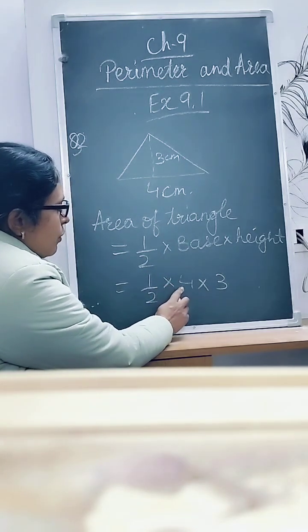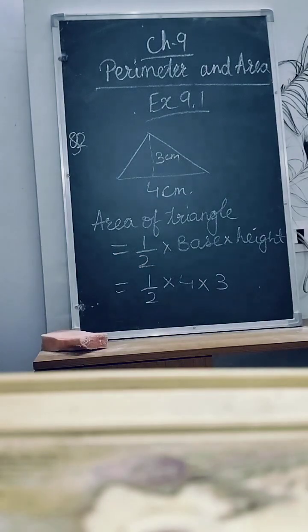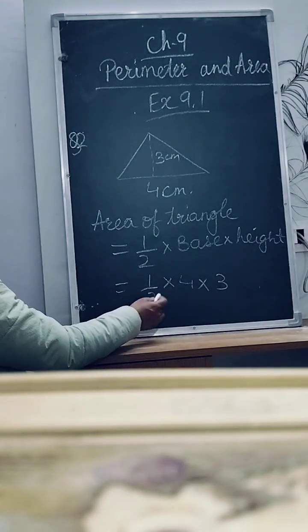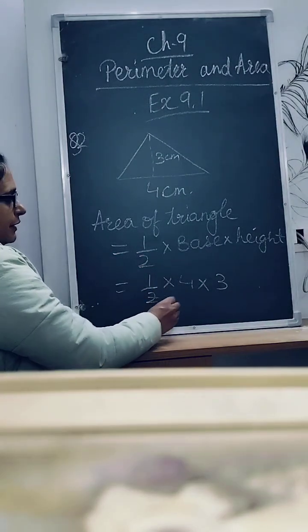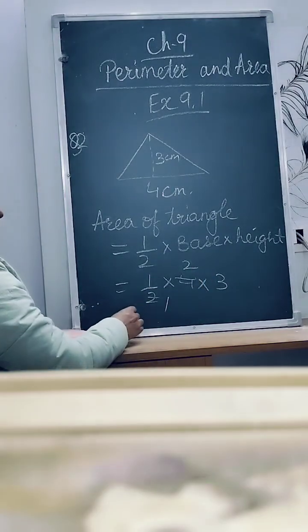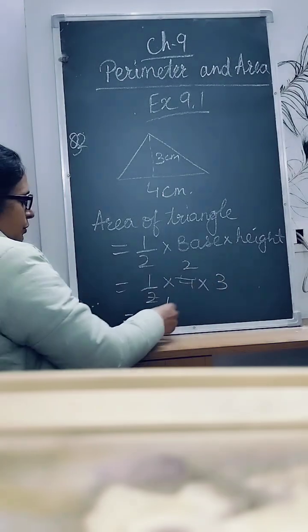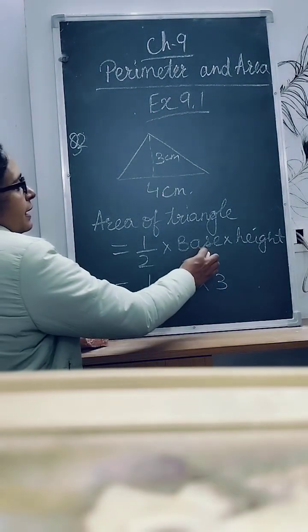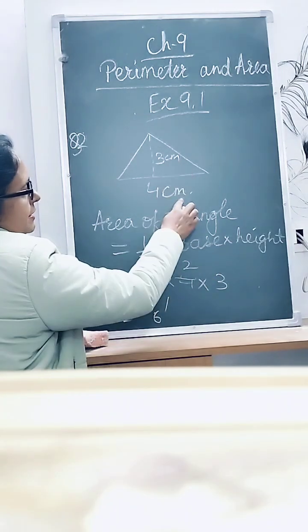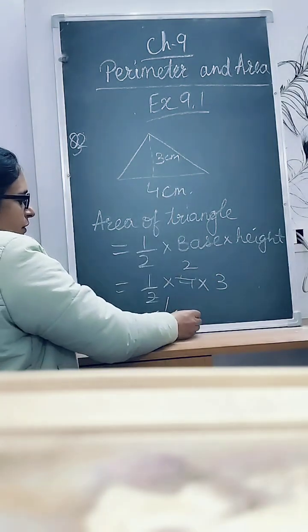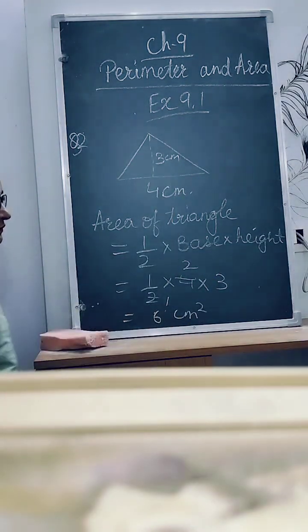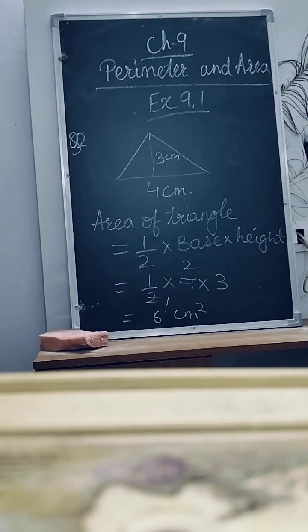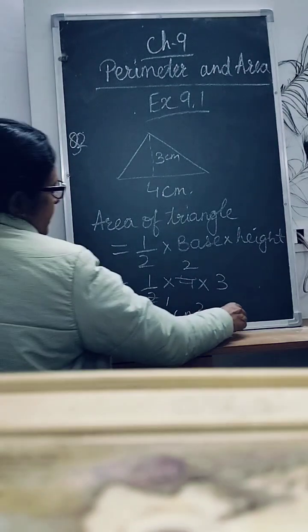As 4 and 2 both come in table of 2, we will divide with 2. 2 ones are 2, 2 twos are 4. So what we got? 2 into 3 is 6. This one is also in centimeter, this one is also in centimeter. So the answer is 6 centimeter square.